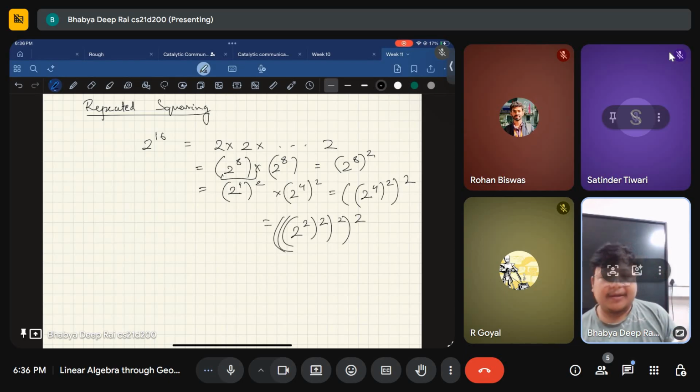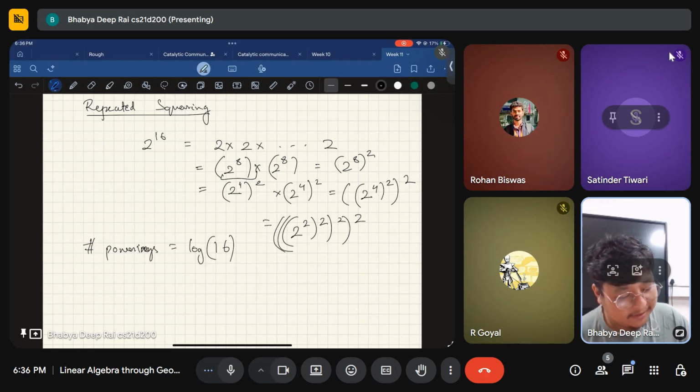So notice how many times you are powering. You are powering log of 16 many times. Number of powerings equals log of 16.